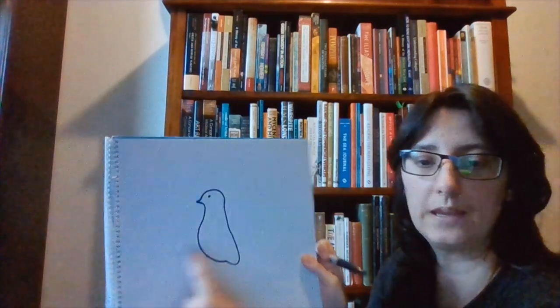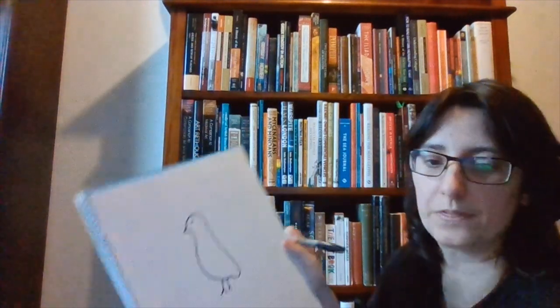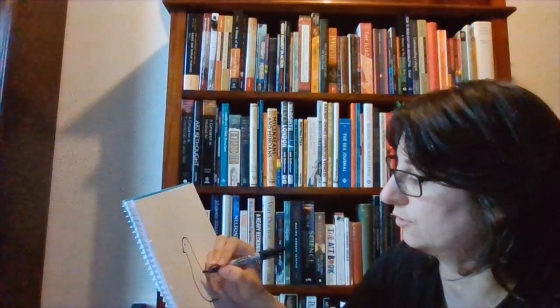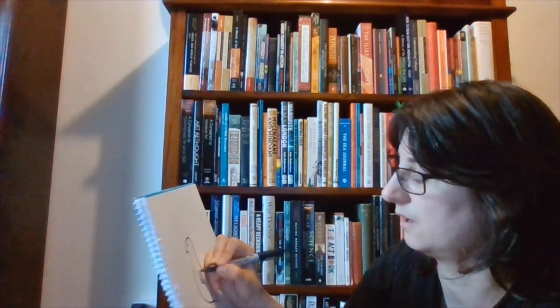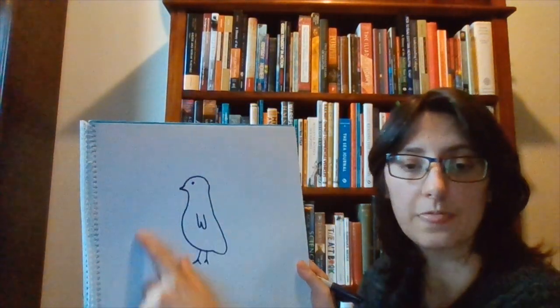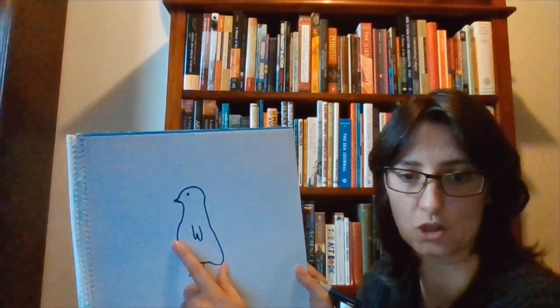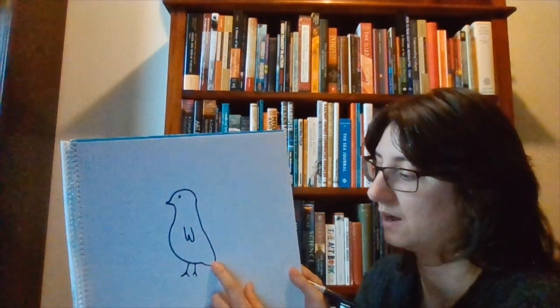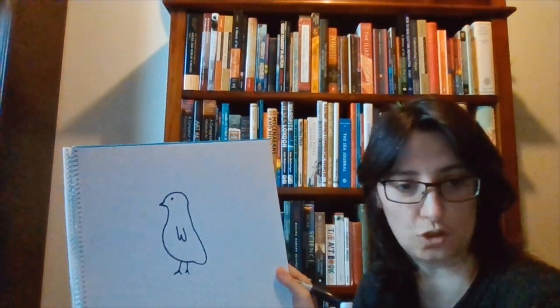He needs to be a tubby chick. Add his little legs, and with the chick, it's also important to give him a little wing like that. So this is all you need for the chick. Make him tubby, a little stubby tail, a small pointy beak. You have your chick. It's as easy as that. Doesn't have to be ready for the Tate Gallery.